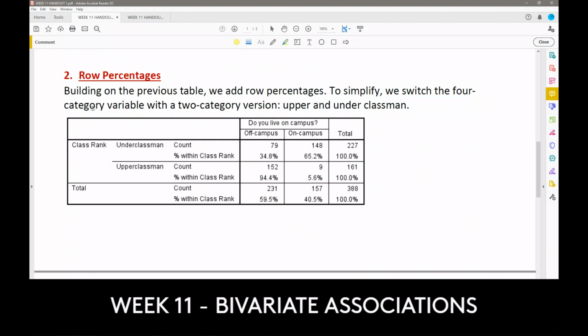So this crosstab here is building off of the previous one. The 4 category variable where it was freshman, sophomore, junior, senior has now been updated to a 2 category version, and it's simply upperclassmen and underclassmen, and we still have the same on-campus, off-campus variable.